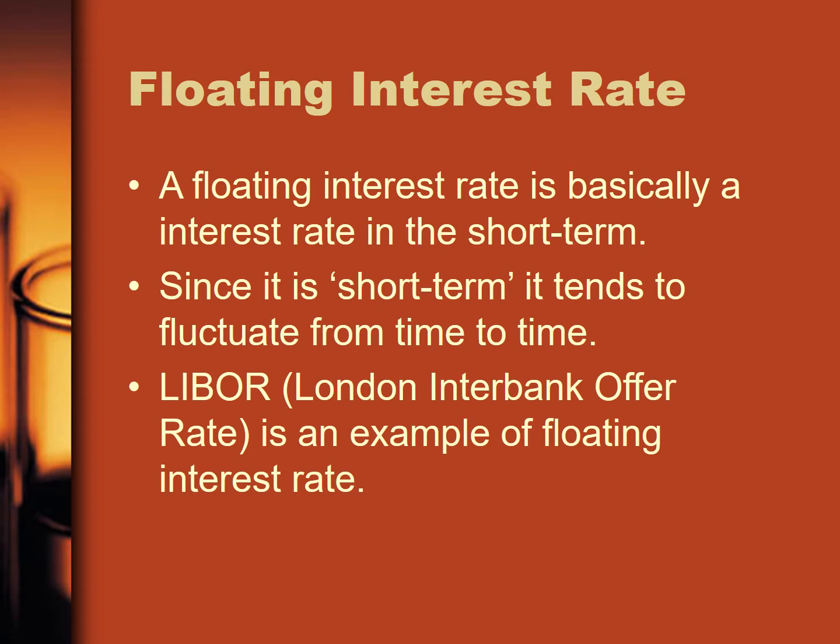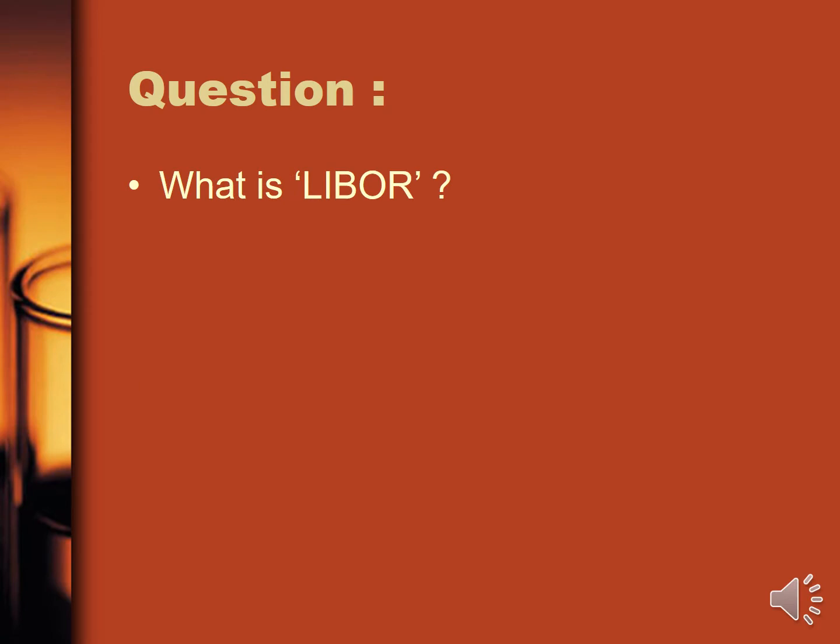This rate is used as the base rate, and then you can say the interest rate is 1% plus LIBOR or 2% plus LIBOR. That is how the floating interest rates are structured. So LIBOR is the London Interbank Offer Rate, and this is taken as the base for structuring floating interest rate.